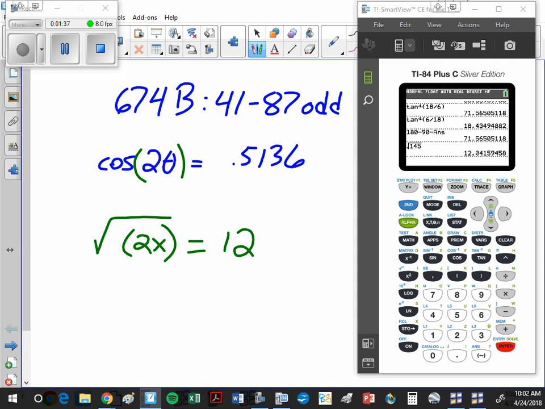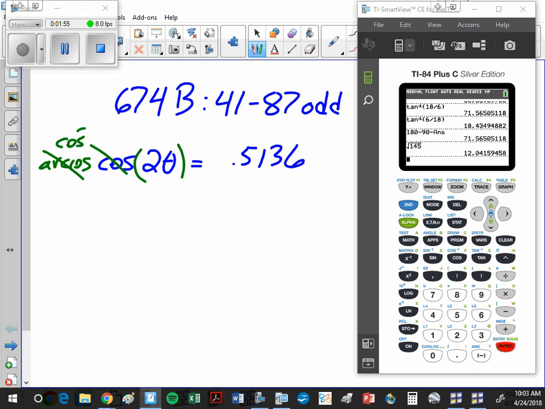Okay? So, let's move the cosine to the other side. And it's the arc cosine, and I'll only write this once. The arc cosine and the cosine cancel, right? But arc cosine is really just cosine inverse on our calculators. So I get 2 theta is equal to cosine inverse of 0.5136.